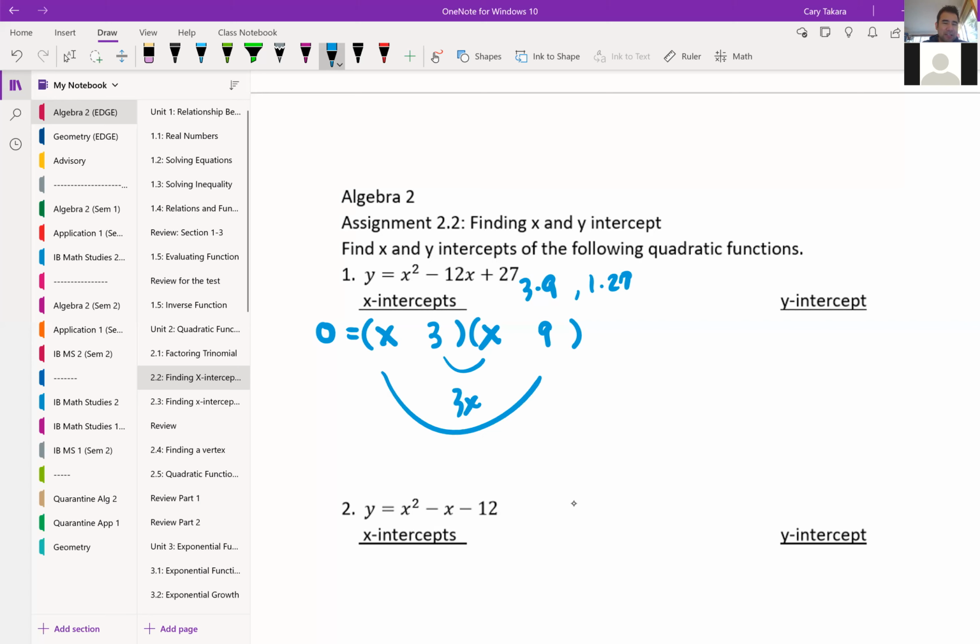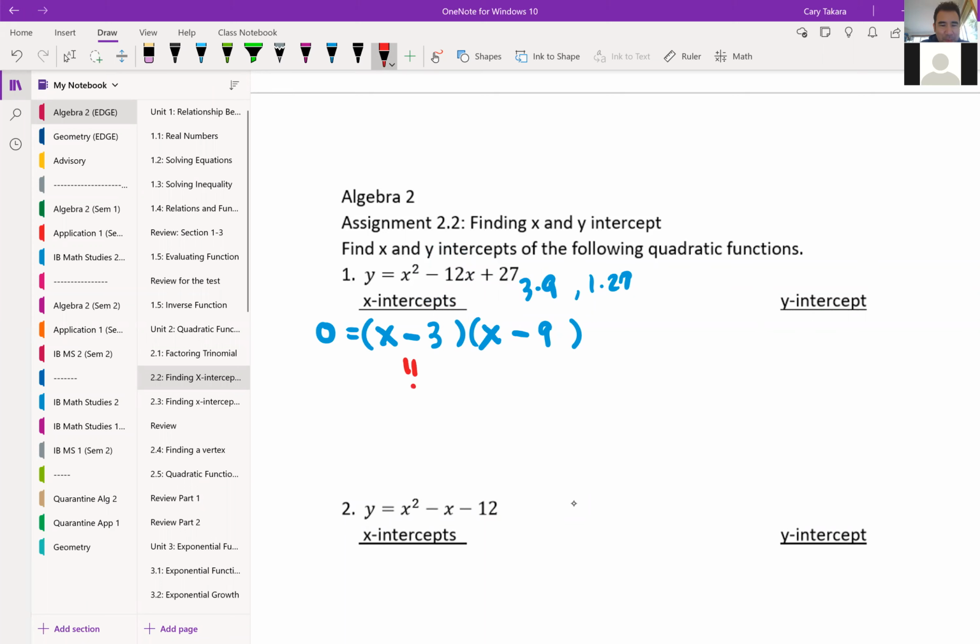3x, that's 9x, and then if both of them are negative, isn't that negative 12x, right? And that's what we have right here. So that means both of them, 3 and 9, need to be negative. Yeah. So we're not quite done. So what's the solution? What's the x-intercept?